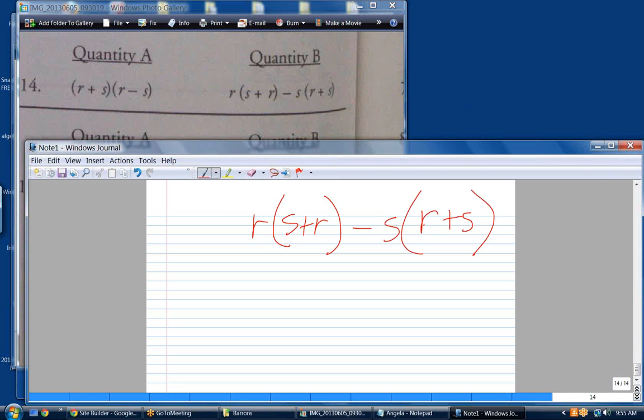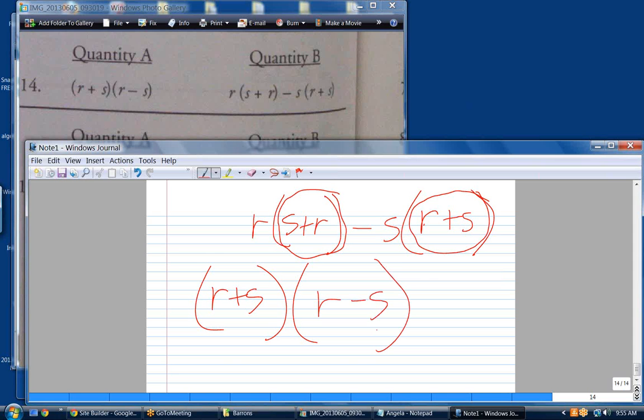We're used to factoring out single terms, but there's nothing that says you can't factor out a binomial. Notice that this binomial is the same. I could factor it out, r plus s, and what's left behind? R minus s. So I immediately get there and can see that I've got the same equals the same.